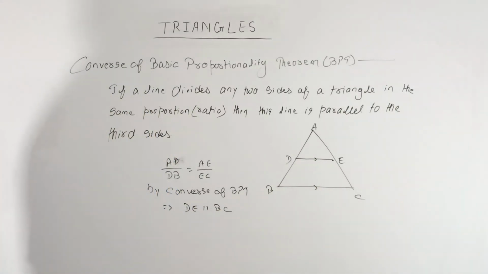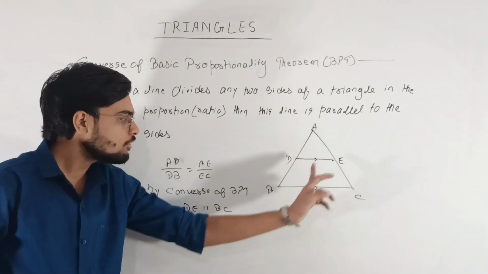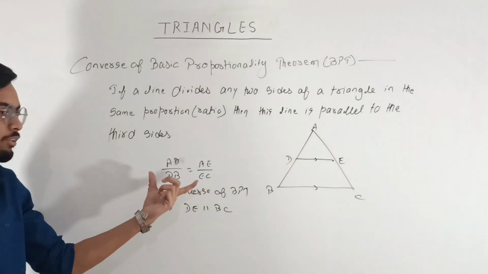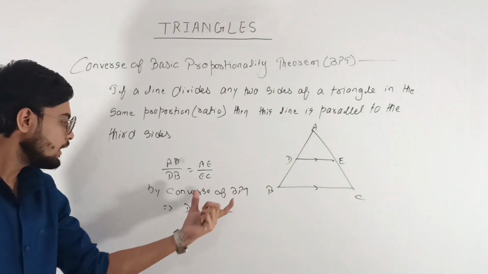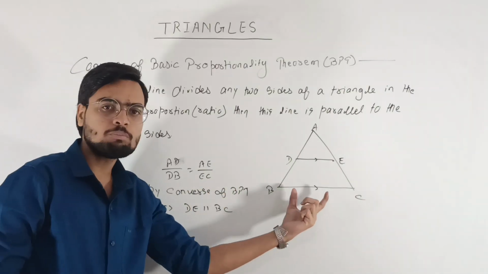Understood? When a line divides any two sides of a triangle in the same proportion or same ratio, then by converse of BPT, DE is parallel to BC.